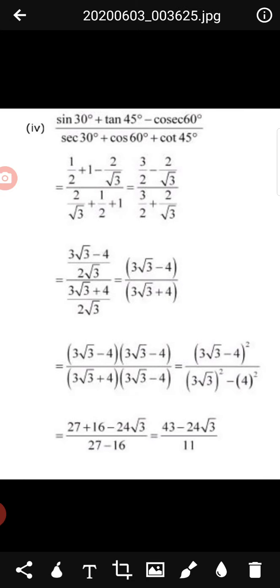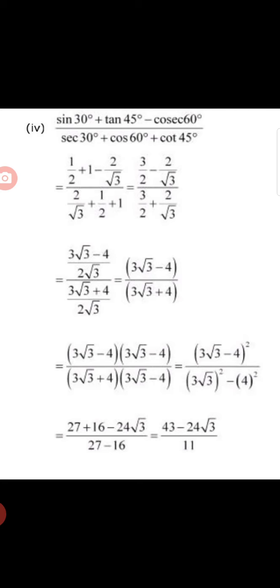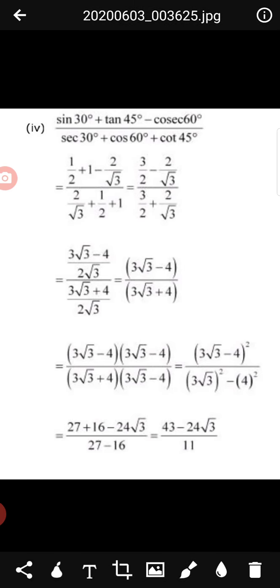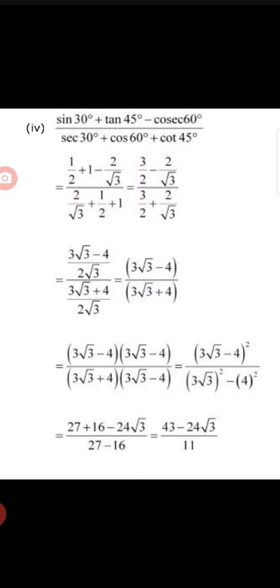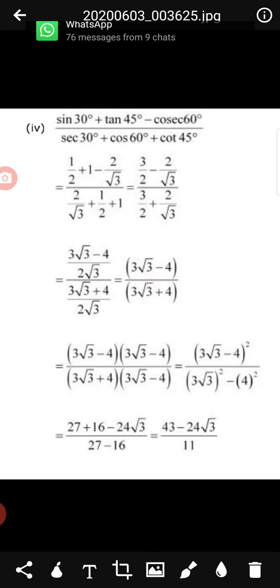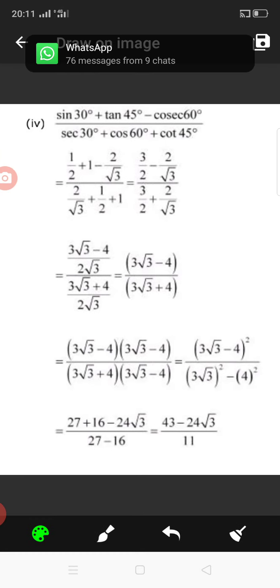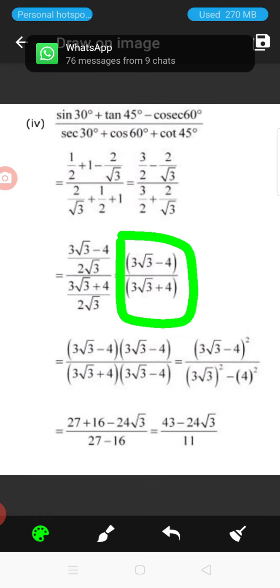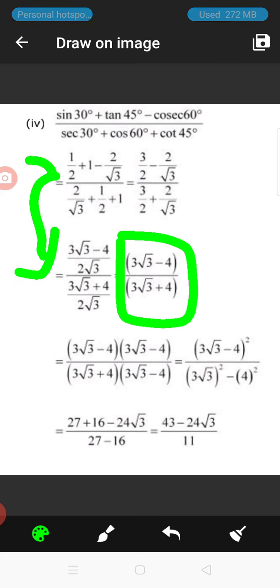Now see the next one: sin 30 plus tan 45 minus cosec 60 upon sin 30 plus cosec 60 plus cot 45. You have to put the values and calculate very carefully. After calculation, if you come to this step, everything up to this step is straightforward calculation from the 10th standard concept.